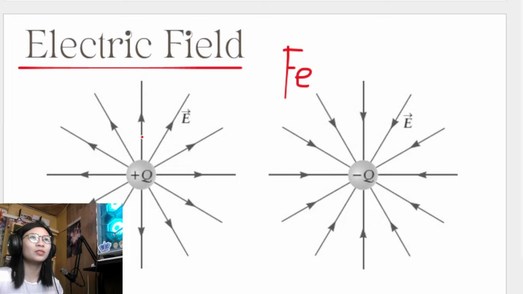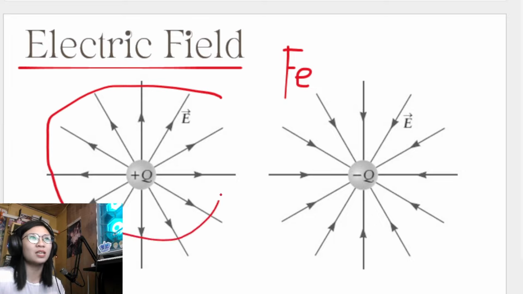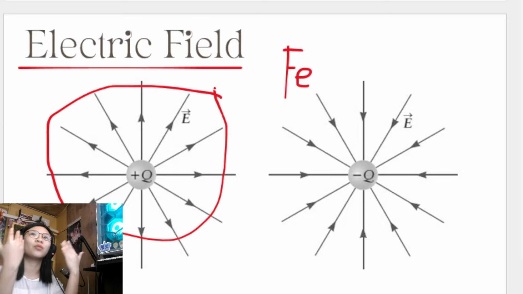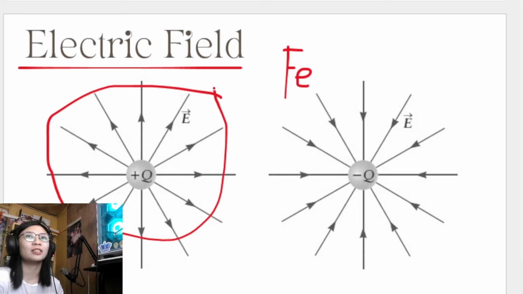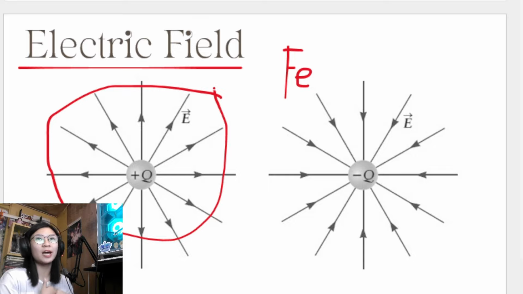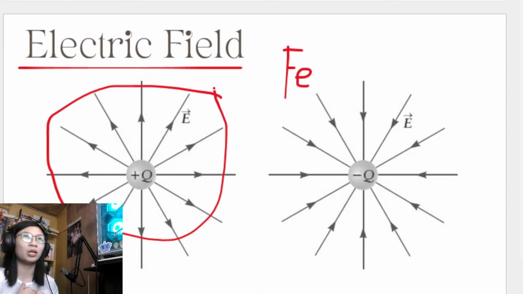But kunwari, kung siya ra ang nag-exist, there will be no force. Because the charge itself cannot exert net force onto itself. Something like that. Okay? So, dili siya makahatag og net force sa iyang kaugalingon. That is why there is no Fe if positive ra ang present or negative ra ang present. Siya ra isa.